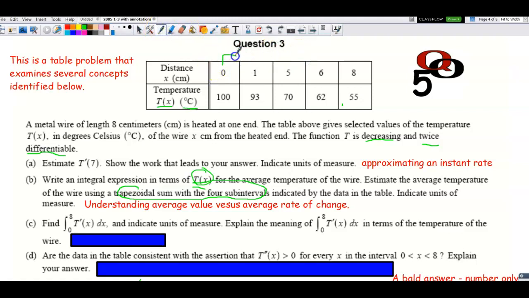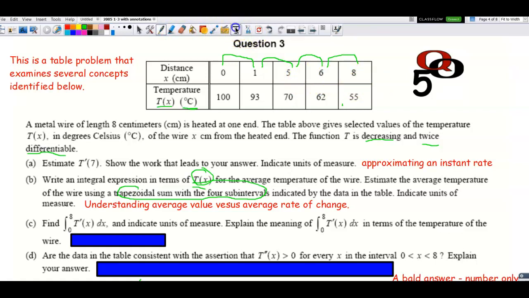All right, so we're doing first grouping, second grouping, third grouping, fourth grouping. They told us to put in 4 trapezoids. And be careful, we have to look at if we have common heights or not. 0 to 1 is 1, 1 to 5 is 4, 5 to 6 is 1, so we do not have common heights.